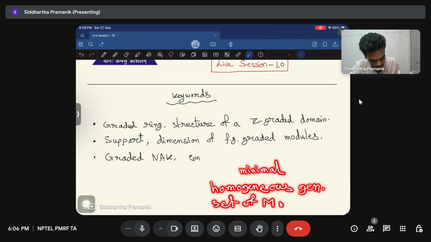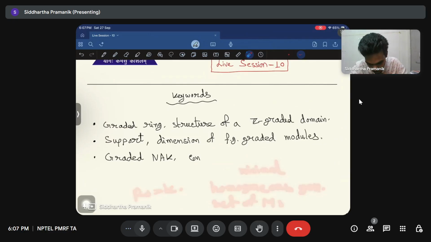In that case, we need the zeroth component to be a field or star local, so those conditions are there. But we have nice consequences of graded NAK.